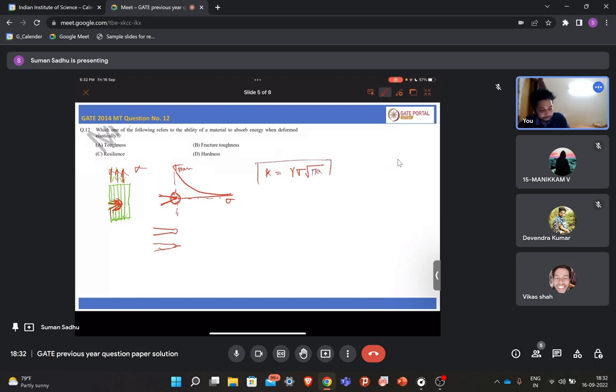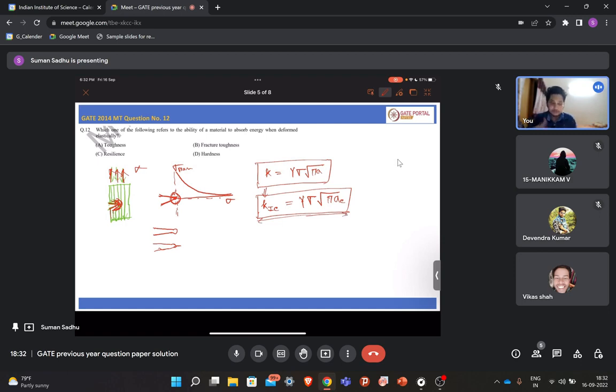So now this stress intensity factor, when it reaches its maximum value, when failure will occur, it is termed as K1C, because this mode of loading is mode 1. That's K1C. It will be 1 into sigma root over pi into a_c, that is the critical crack length. When the crack reaches a critical length, then your sample will just fail.